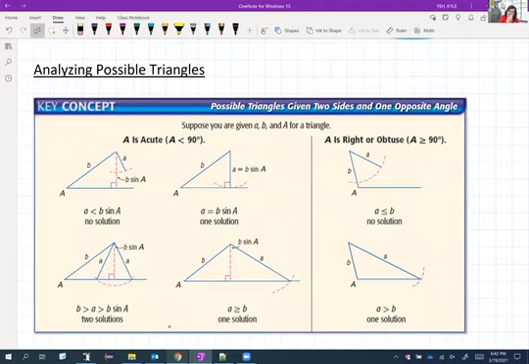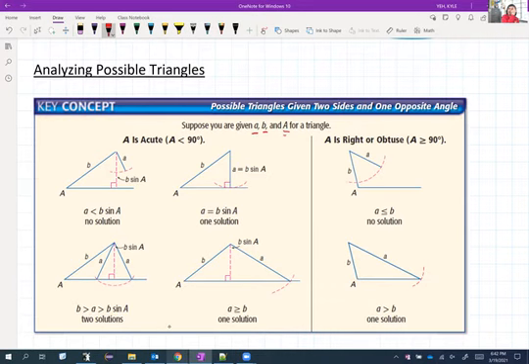But it's about analyzing possible triangles given certain pieces of information. So take a look at the italics here. It says, suppose you are given 2 lowercase letters, so 2 side lengths, a and b, and the angle, capital A, so an angle across from one of those side lengths.